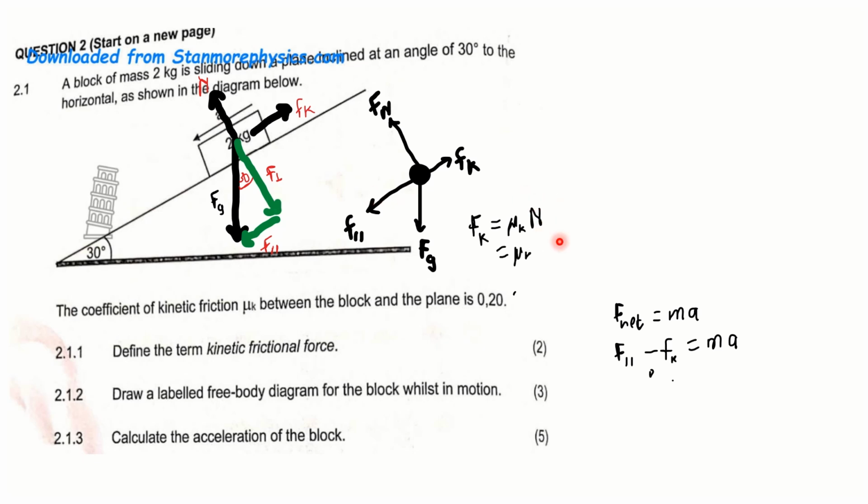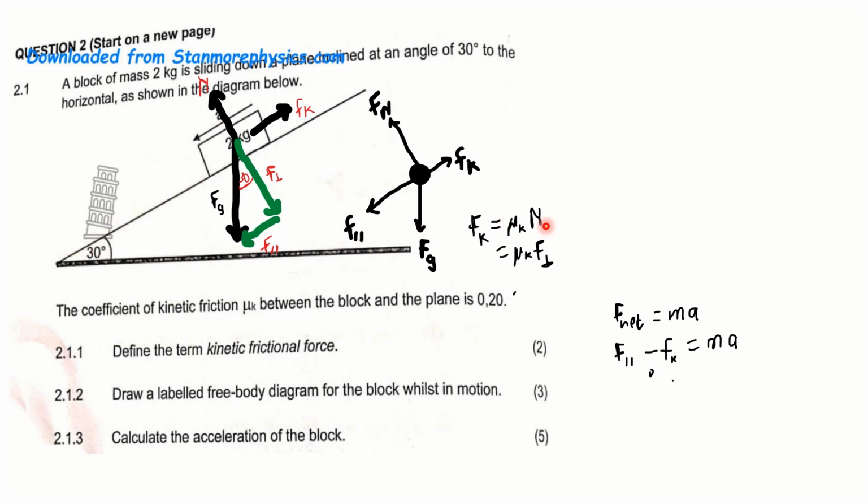Now we write k. Then instead of writing normal force, we can write F perpendicular. Why do we do that? Because we know that the normal force is equal to the F perpendicular force, because the block is not going up and down. Instead, it's just sliding to the left like that.